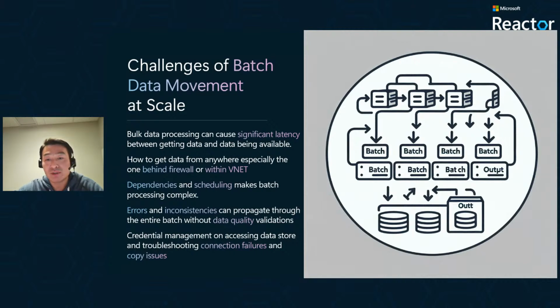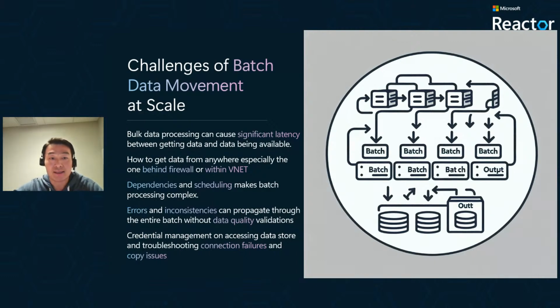If something goes wrong midway, it can ruin the entire batch, which leads to serious data quality issues later on. And finally, but not the least, you also need to take care of credential management. Accessing your data often means you have to handle multiple different credentials across the system, and how to manage them in a secure way is another challenge you may always run into.